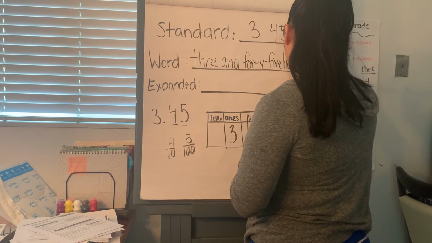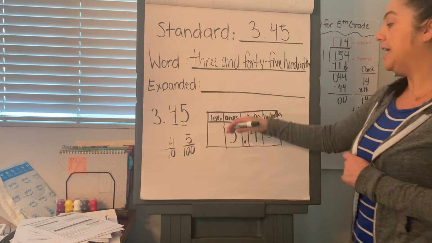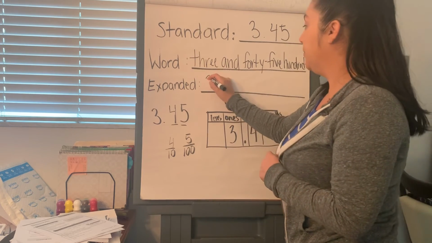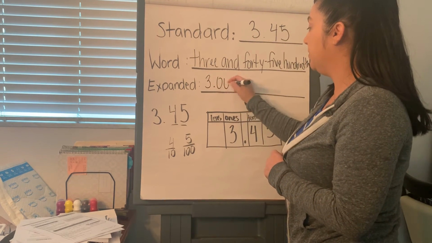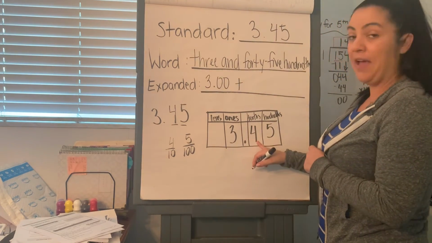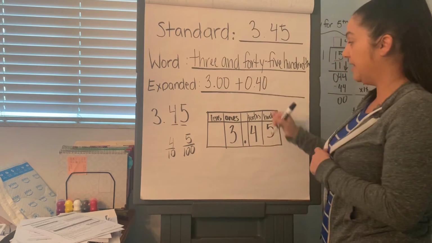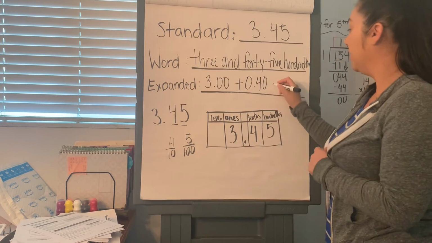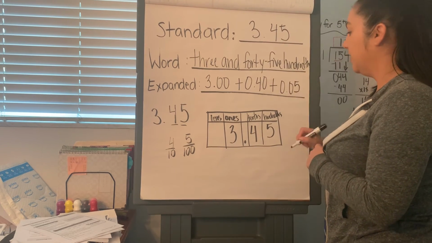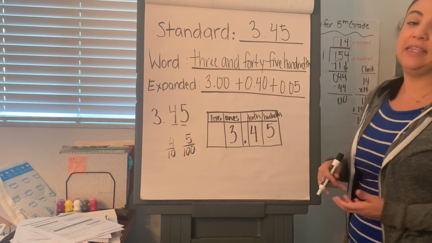And remember, I use hundredths because that's the last place value it landed in. Expanded is the value of each number using its decimal point. So 3 would be 3.00, or just 3, plus the value of the 4, 0.40. Don't forget that 0 after if it has a number here. Plus 0.05. So just like everything else turns into zeros with regular whole numbers, everything in the decimal that you're not using turns into zeros.